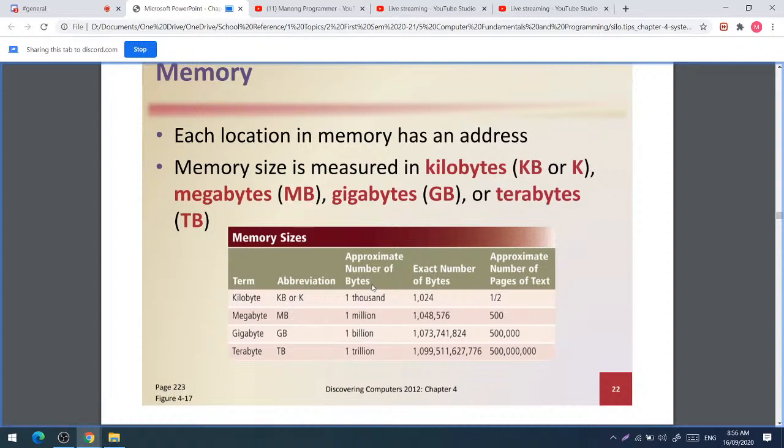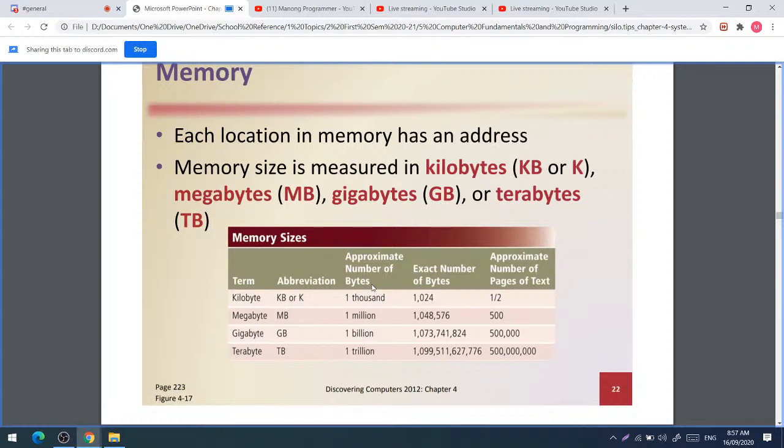Sir, how did it become 1024? I just said earlier that we are using the binary system, or digital signals. Digital signals are based on the two-state system, which is binary. When we say two-state system, our basis is 2. So when we say kilobyte, 2 raised to 10, that is actually 1024.